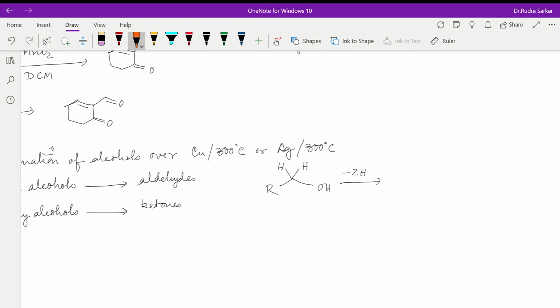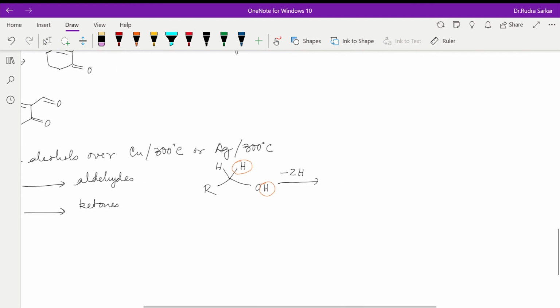You're technically removing this atom and this atom. Okay. And once you remove, there is a development of a double bond over here. All right. So that gives you R, C double bond O and H.